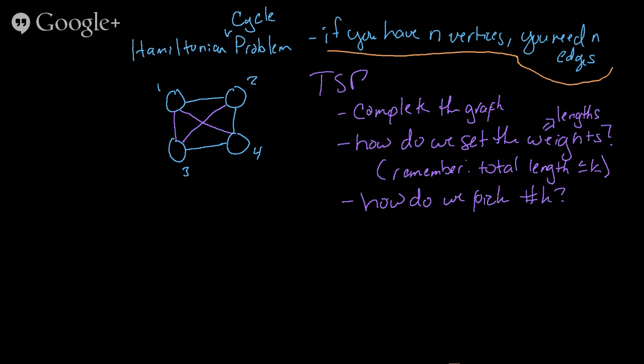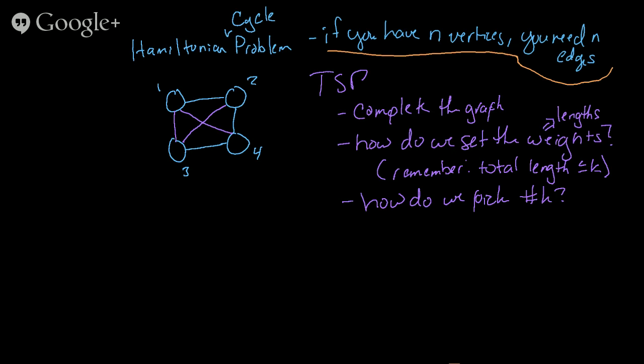We know that our k needs to be at least 4 because if you have your n number of vertices, your k needs to be at least that number, regardless of what things are weighted. That's assuming everything's weighted 1, you need at least some number n of length or k in order to get around the graph. So let's see here.